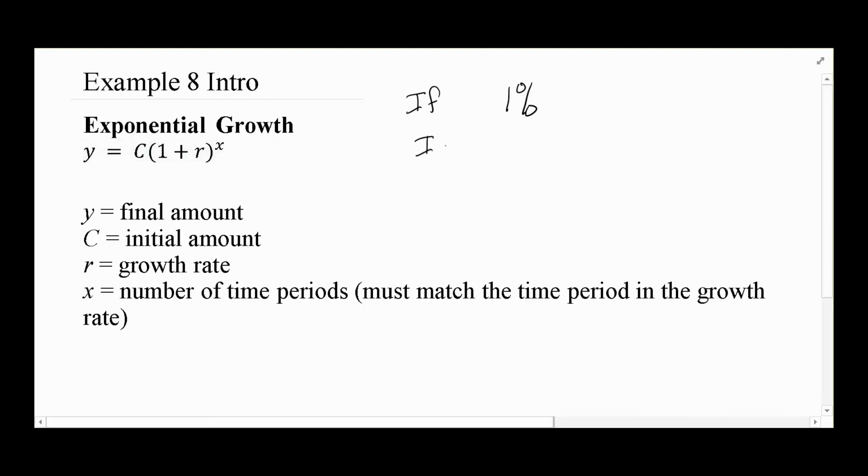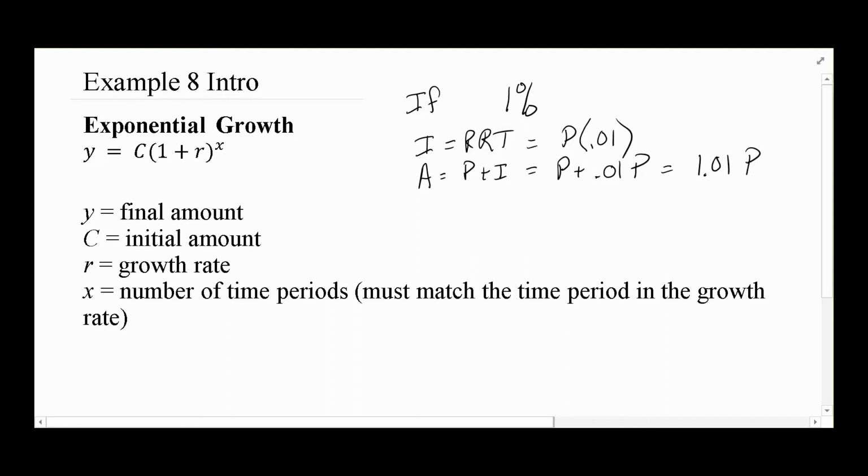The interest, principal times rate times time, would be your principal times 0.01 if your time was 1 year. The final amount would be your principal plus your interest, which would be principal plus 0.01 times your principal, which would be 1.01 times your principal.